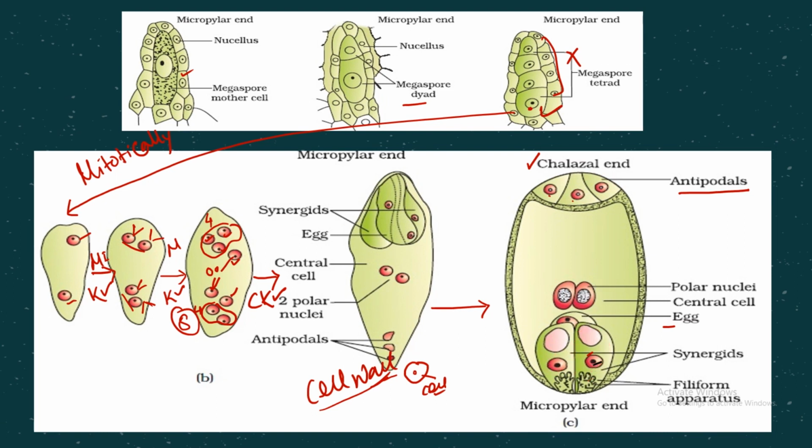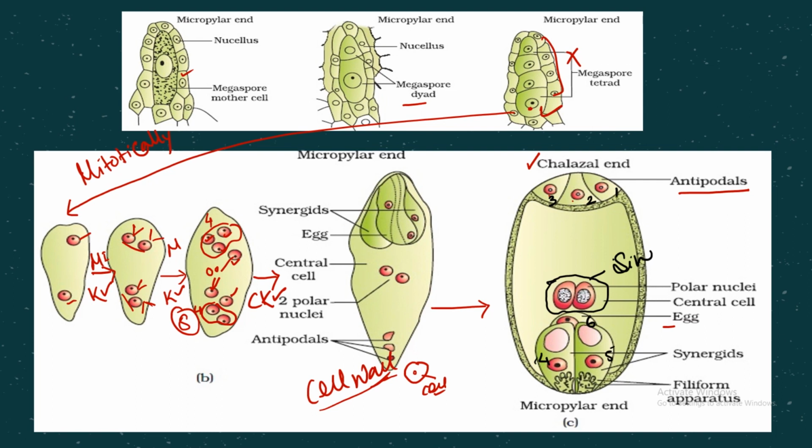So if you come to the total number of cells, this is one cell because it's partitioned to the second cell, third cell, fourth cell, fifth cell, sixth cell, so 6 cells are already there. But look, between these two there is no cell wall, so we'll consider this as a single cell.